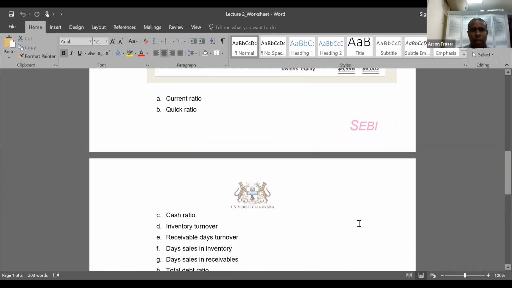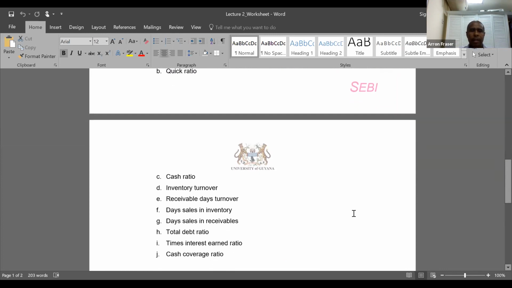So D, inventory turnover, which is cost of goods sold upon inventory. Where are we getting the figures from now for inventory turnover?